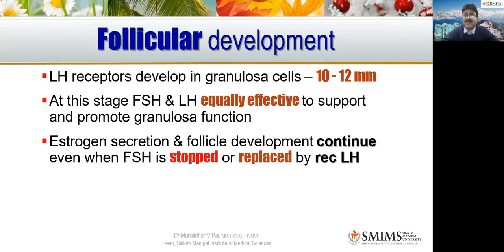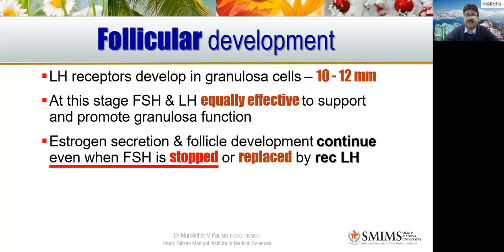Of course, granulosa cells know only how to make estrogen. They don't produce androgen. But what I'm trying to say is they produce estrogen even if you stop FSH and only give LH, because LH is also, after all, a gonadotropin, isn't it? Though it is luteinizing hormone, it will stimulate the granulosa cells.